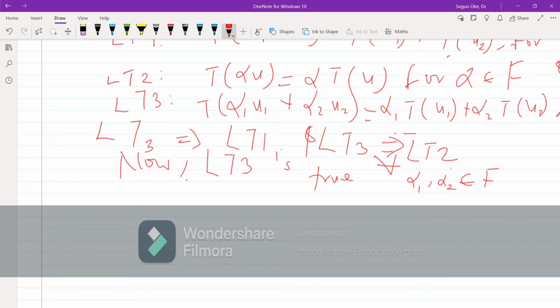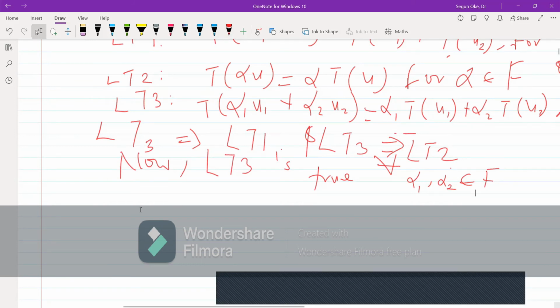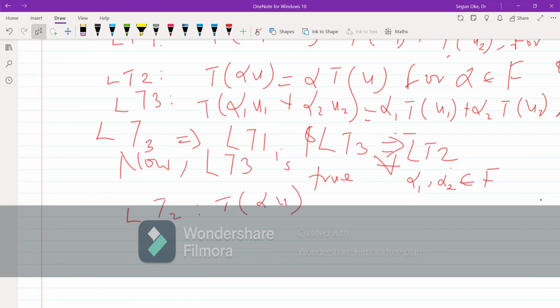Now, you can also show that LT2 is true. We all know the method of LT2. LT2 starts from where we know that T of alpha U, which simply means T of alpha U plus 0.U.